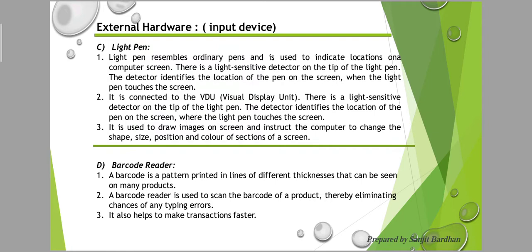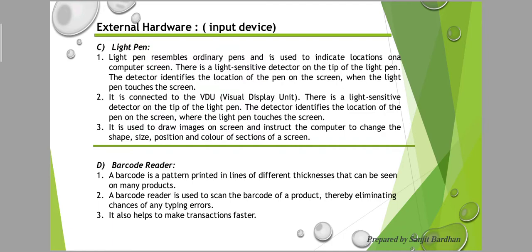That means we use barcode to work without any error. And it also helps to make the transaction faster. You can see the image of barcode on your computer book.